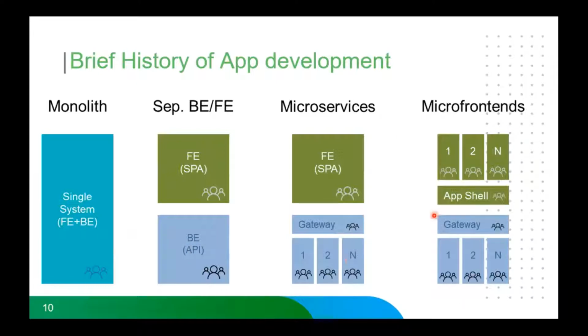This blue part remains the same, but the green part is broken into one container which we name the app shell, and different front ends or kind of services, one to n. You can think of it as a mirror image if we slice from here, the green and blue part. Obviously the things will be different, but we'll go on and see.